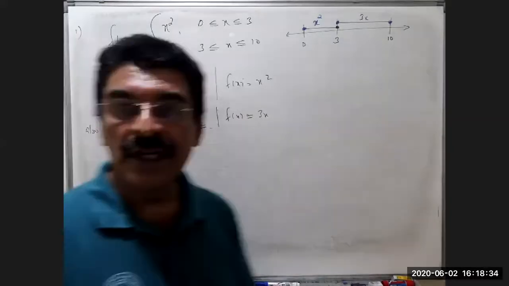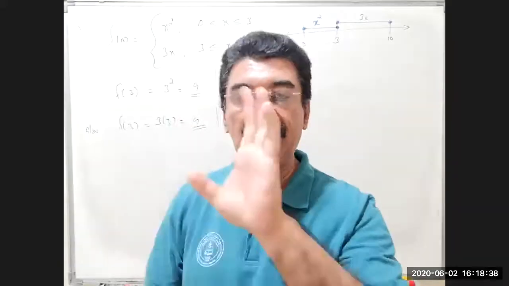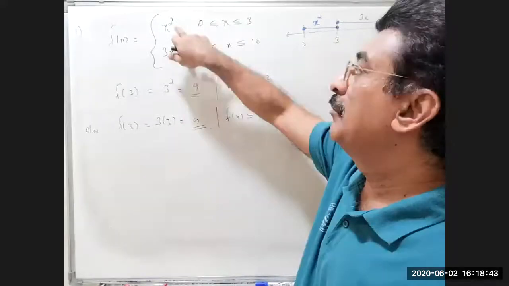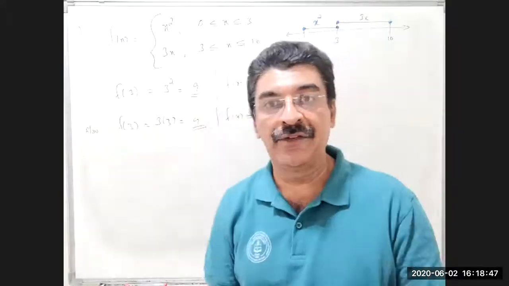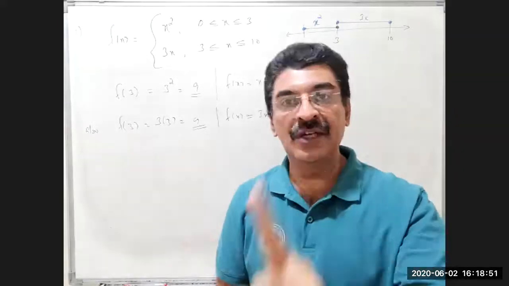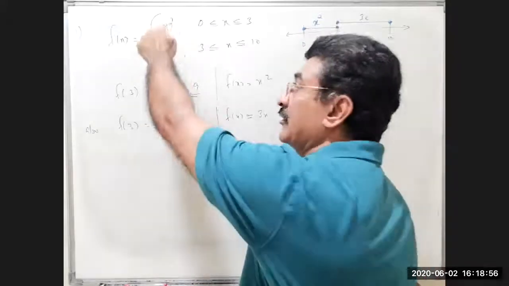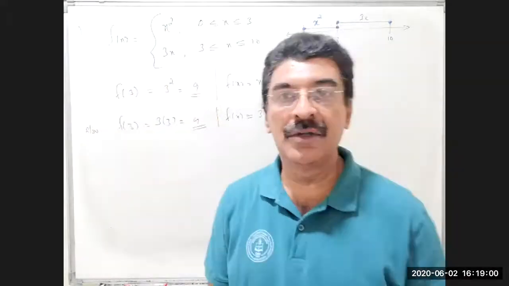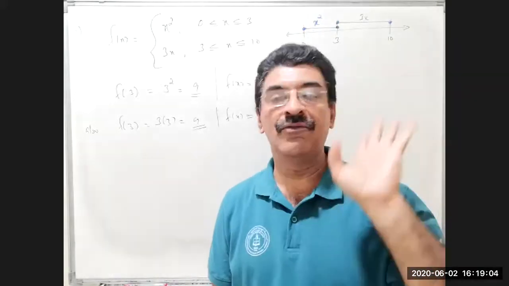That means in the definition, x is repeated only at one place, 3. But if x is 3, by both definitions its corresponding y value remains the same. Even if x is repeated, whether we take this definition or this definition, the y value remains the same. Therefore, for all values of x, there is only one y value.